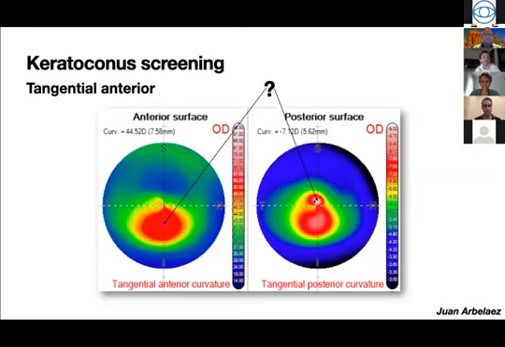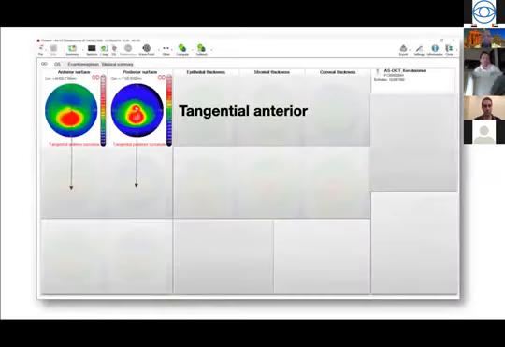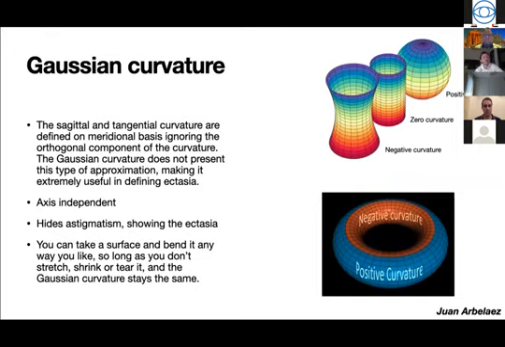So we might think that the location of the cone and the weakest area of the cornea is this point here in the tangential map. But now, with the Gaussian curvature maps, which are a little bit tricky to explain and understand.